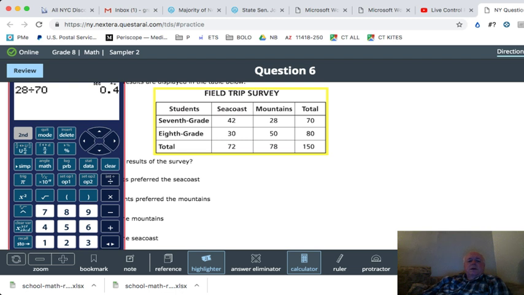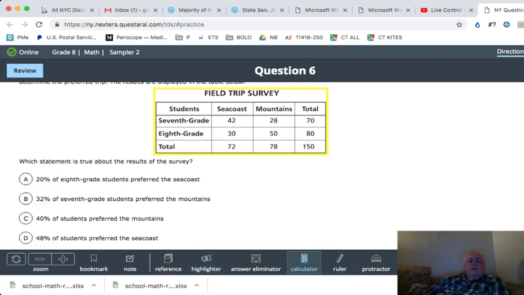So it's not B. C: 40% of students preferred the mountains. So we have 78 out of 150. That's already past 50%, because 75 is that. So it can't be C either.